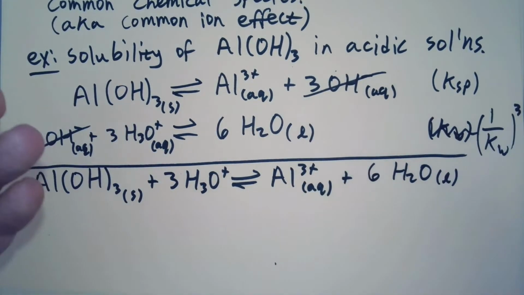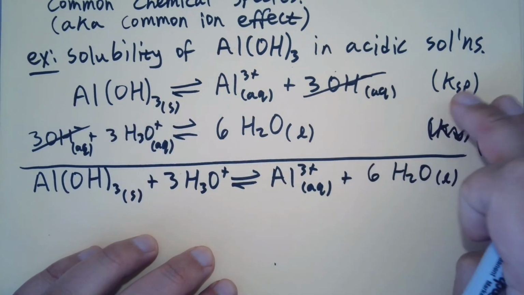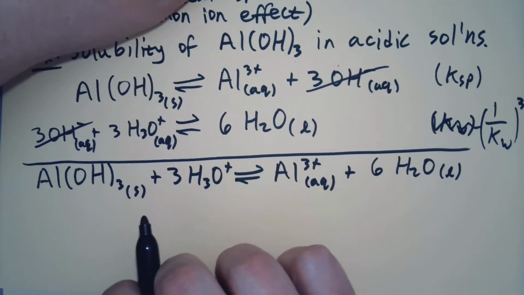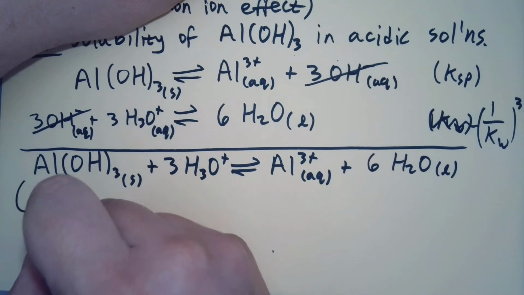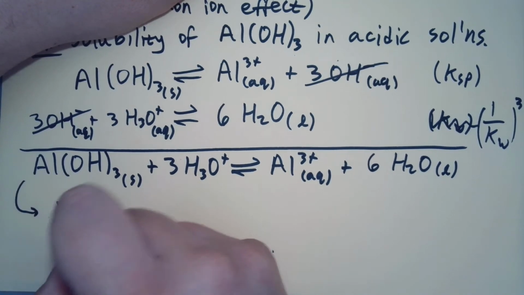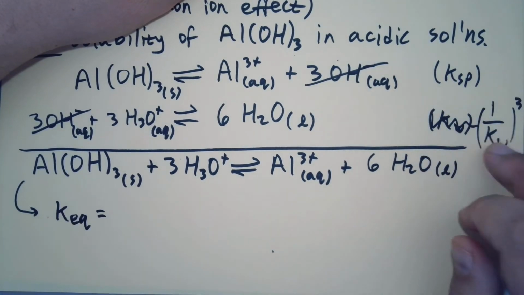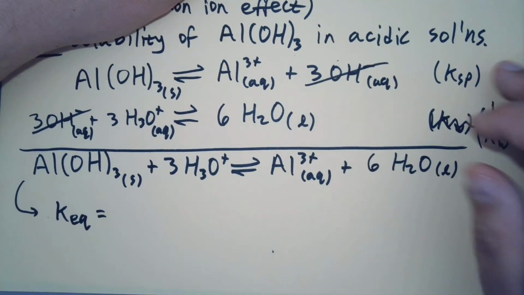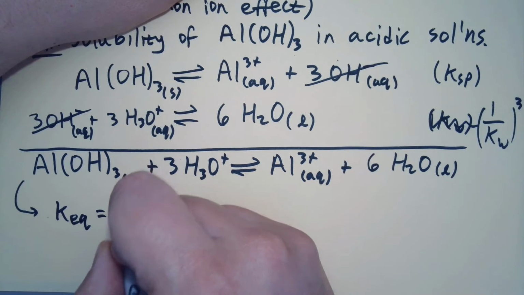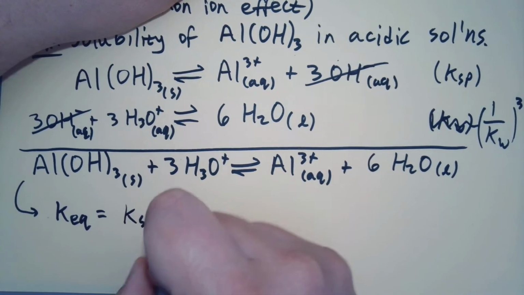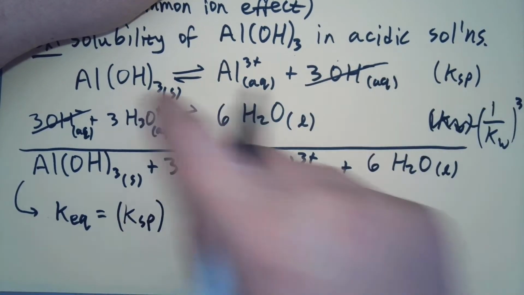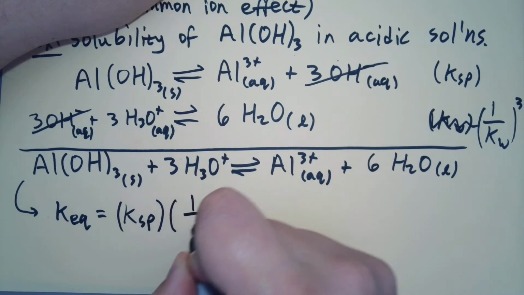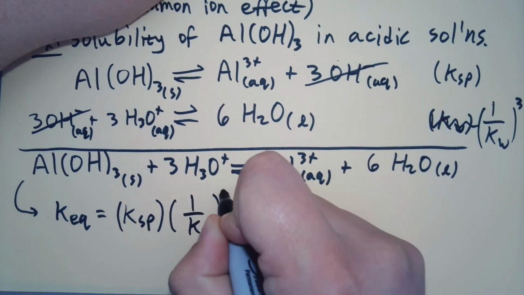Quadruple it, I put to the power 4, so on and so forth. This one I didn't mess with, so I just leave it as it is. And so for this combined expression, KEQ is going to equal the product of all this stuff up here. If I do 3 equations, I multiply all 3 of the individual K's by themselves. But there's only 2, so I go KSP times 1 over KW cubed.